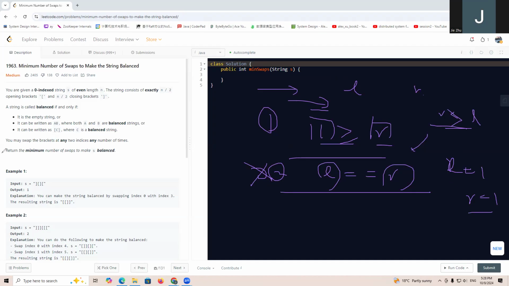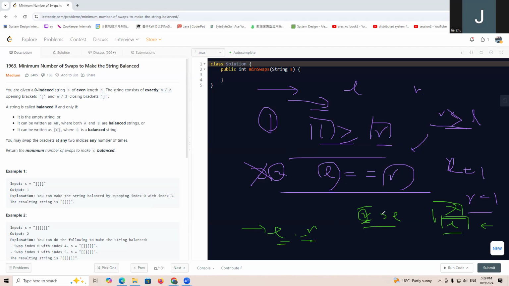In this case, it's possible that in the end the left and the right may not be equal, because we do not know which one we swapped. But for this question, optimally, if there is a right greater than left, we swap this right with a left at the end, so that we always put those rights at the end. In this case, we don't need to worry about the counts.